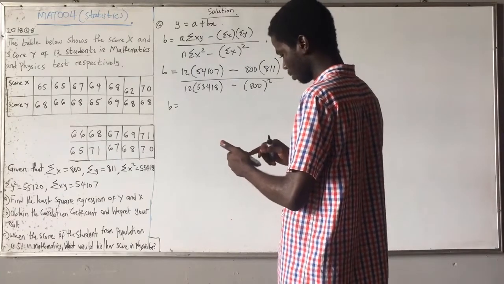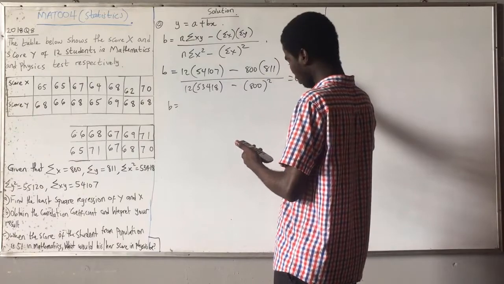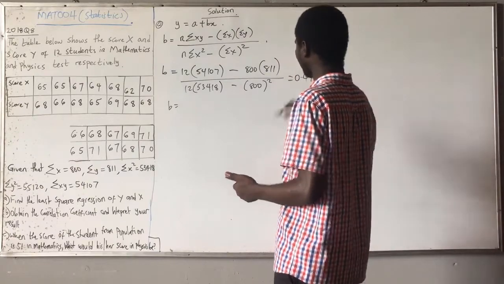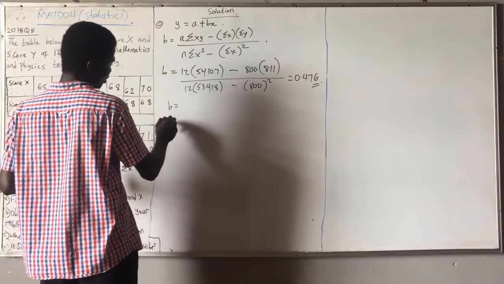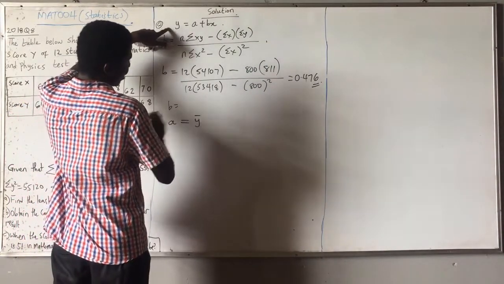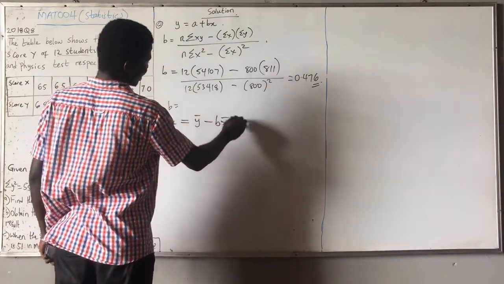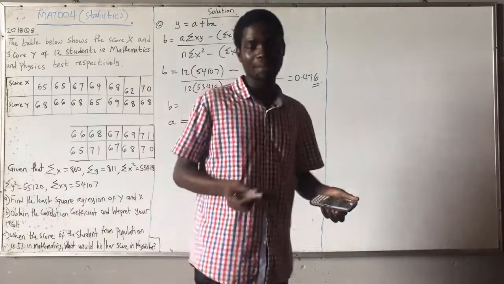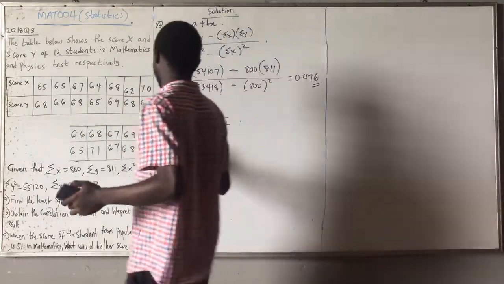You will get 0.476. So to get A, A is equal to y bar minus B times x bar. What is y bar? Mean of y. What is x bar? Mean of x. So what is y bar?